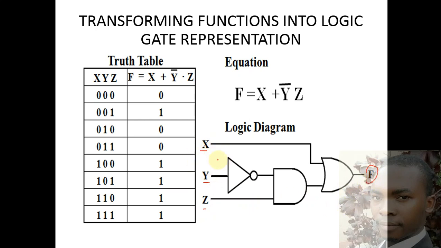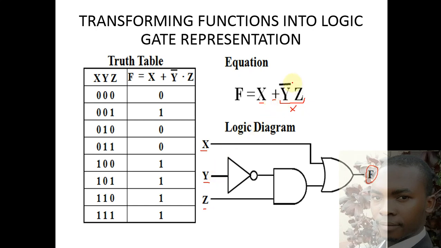So at first we see that this is a multiplication, and multiplication comes before the plus. So we have to multiply the y and the z, and then we add the x.